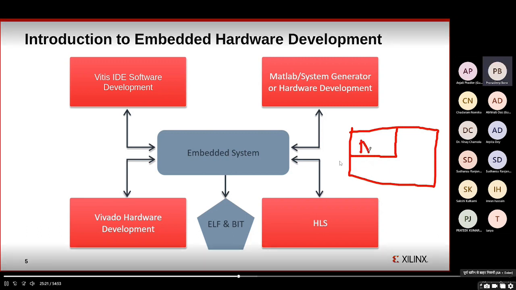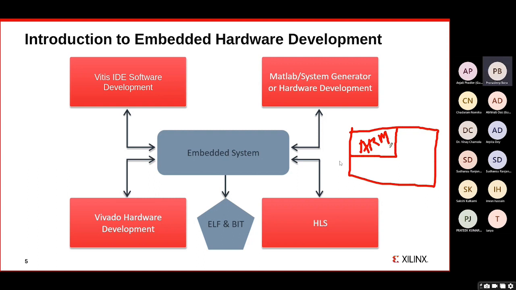So we'll write C code using a certain tool for the ARM processor, or in microprocessors or microcontrollers, if we do some labs, we use a software development kit. We use Eclipse, we use Keil, for 8051 we use Keil, right? It creates the hex code that will go to the DDR memory or the program memory of the processor. That will be done by the Vitis software development.